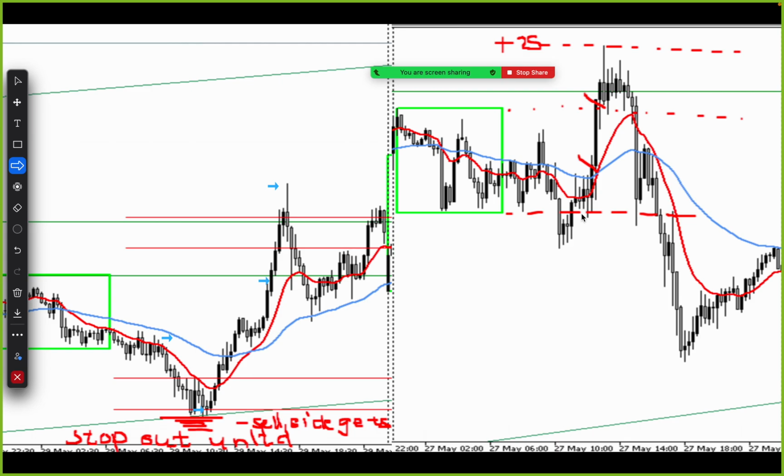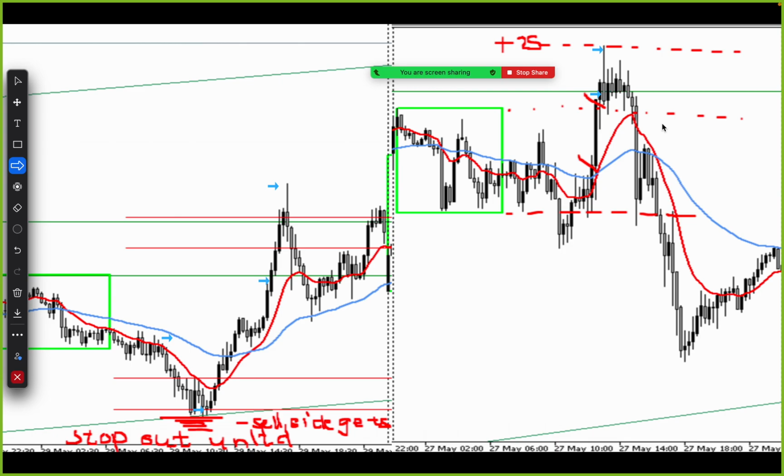You get that big candle. Market maker typed it in. Then above here, you've got that 25 pip stop hunt, which was made in one candle, in one move.